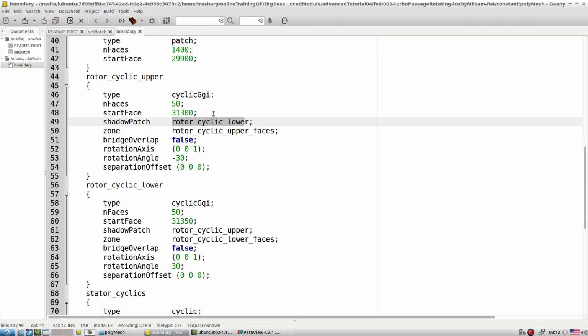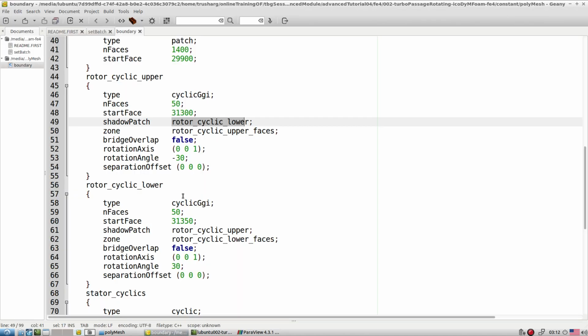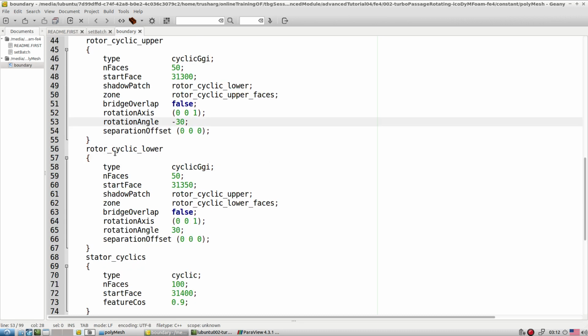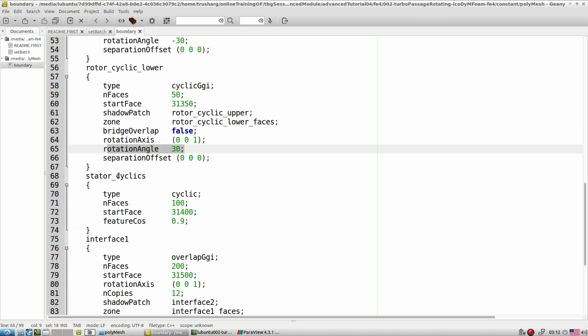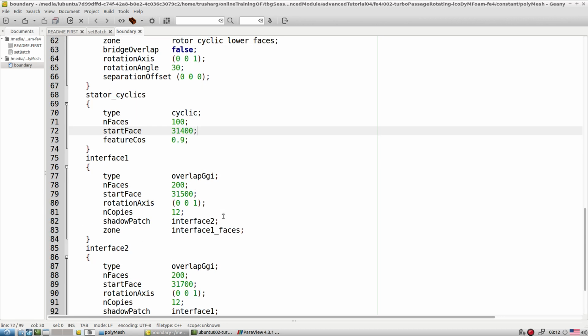So if we look at the upper wall, from upper wall to lower wall we have to rotate by minus 30 degrees, and from lower wall to upper wall we have to rotate by positive 30 degrees. So that is what we are setting here, and the axis of rotation is 1. Same way from rotor lower to the rotor upper we have to rotate by 30 degrees. And the stator is cyclic. We need not change anything because it is going to be stationary.